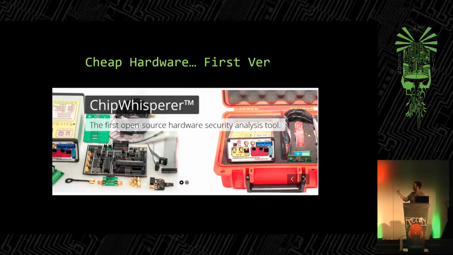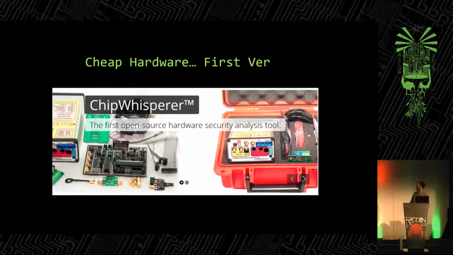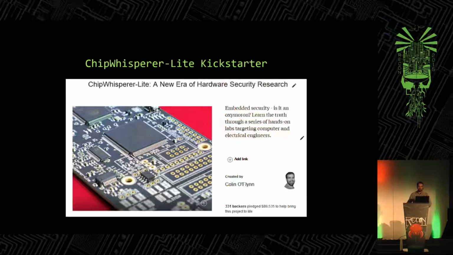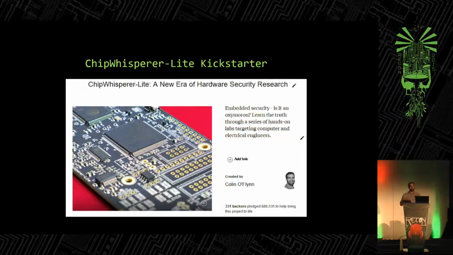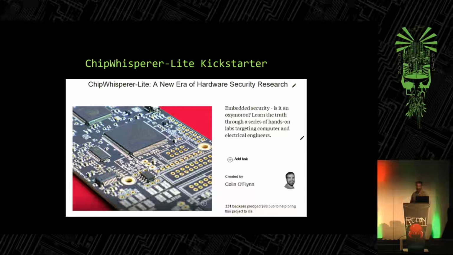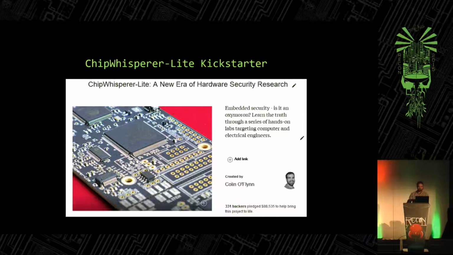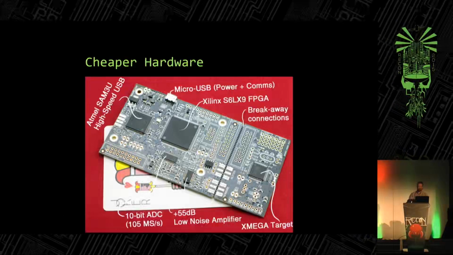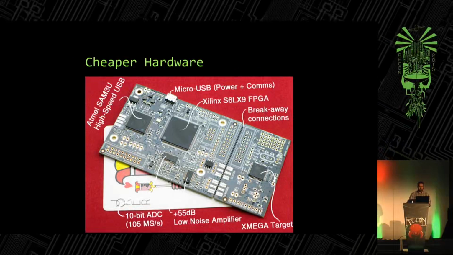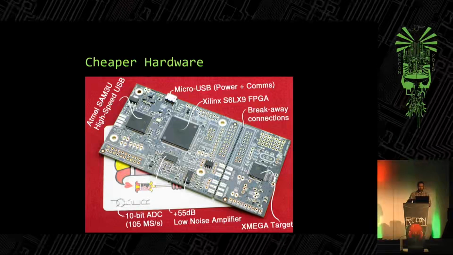The problem with this is it was still a bit fiddly and a little bit more expensive, like $1,500, and we really need to push it to the point that all people who might have to design these products or look at the security of products know about this. So I've done a Kickstarter, about $200 US, the ChipWhisperer Lite board, and it's doing almost the same thing.